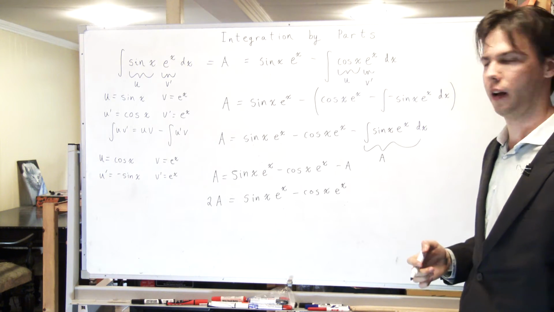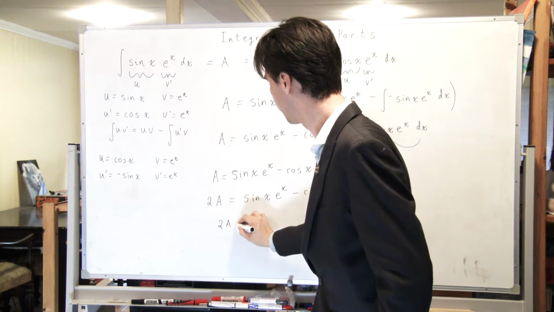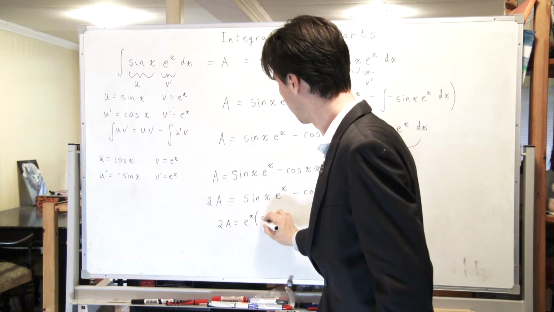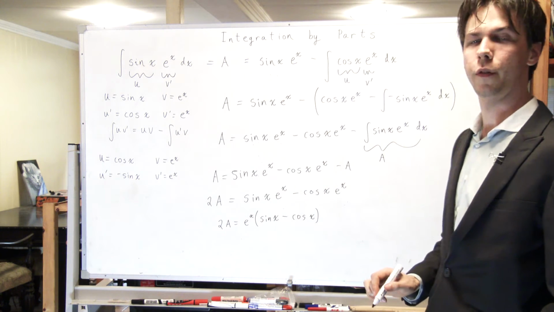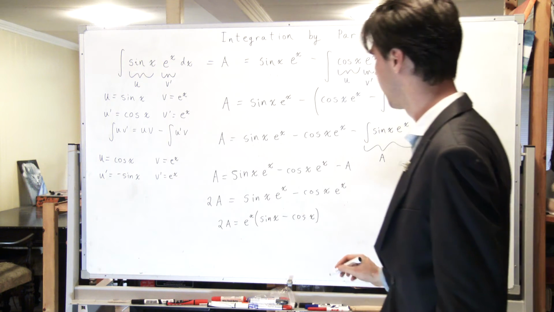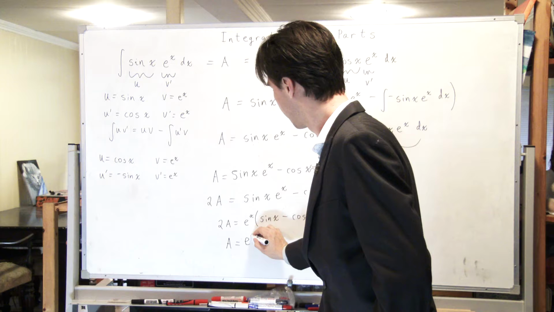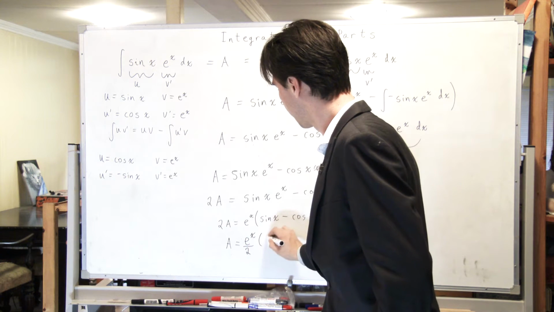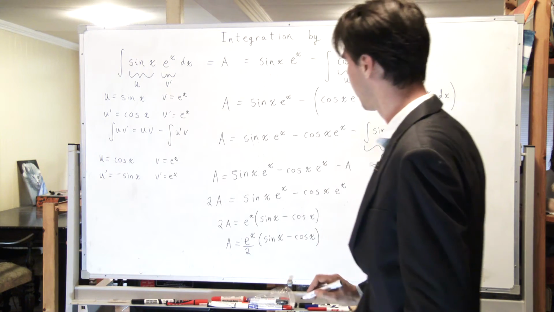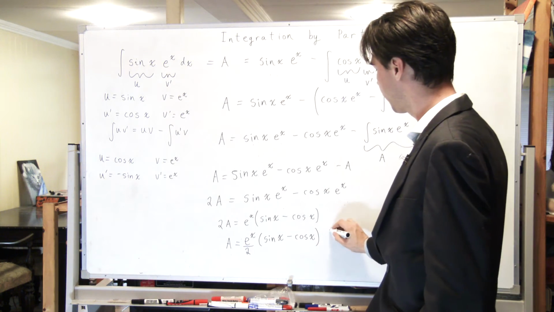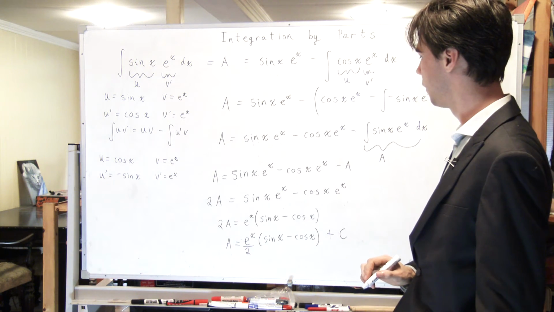And I can take a factor of e to the x from the right-hand side. And then divide both sides by 2 to find the solution. And then always, always, always just add a constant at the end.